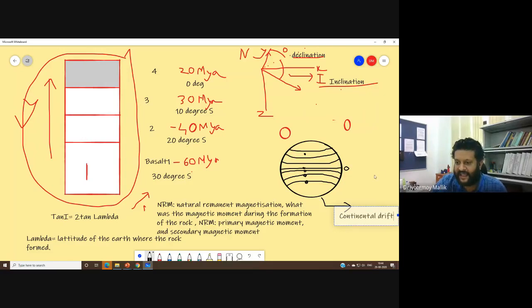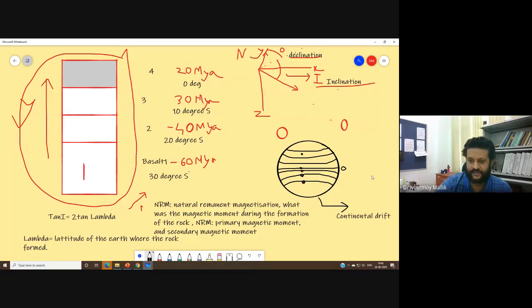I will take questions in a moment. So this is what we get from paleomagnetism: direct evidence of continental drift. So these are my paleolatitudes, right? This 30 degrees south is what we call paleolatitude.